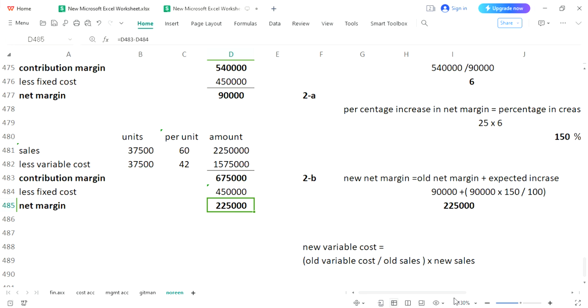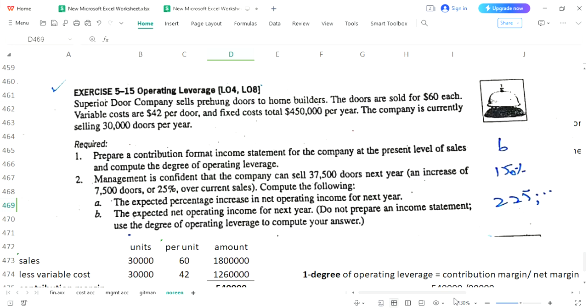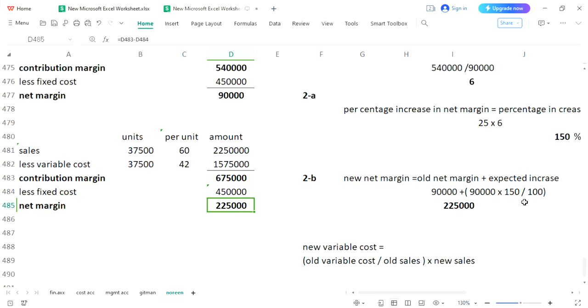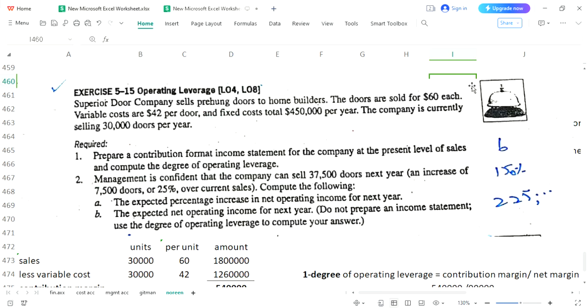So here was our question. We were required to calculate three major things: 1, 2A and 2B. Three answers were over here: 6, 150%, 225. Here was your first part. Answer is 6 and answer was 6. What we are going to do right now is actually reviewing. It might be possible sometimes that a smaller element can be missed.